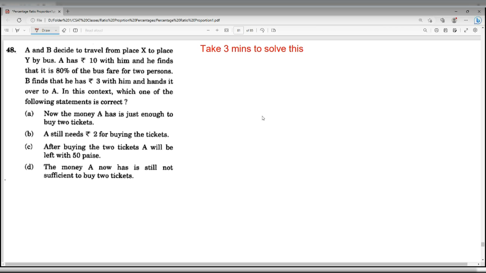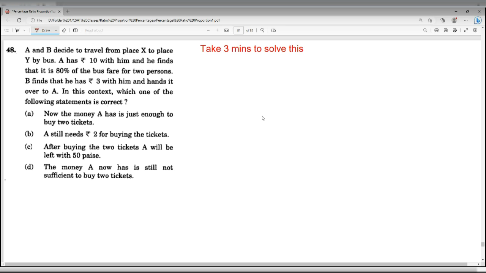The money A has is just enough to buy 2 tickets; A still needs 2 rupees for buying tickets; after buying the 2 tickets, A will be left with 50 paisa; or the money A now has is still not sufficient to buy 2 tickets. So we need to find out what the fare is and whether the total money is sufficient.